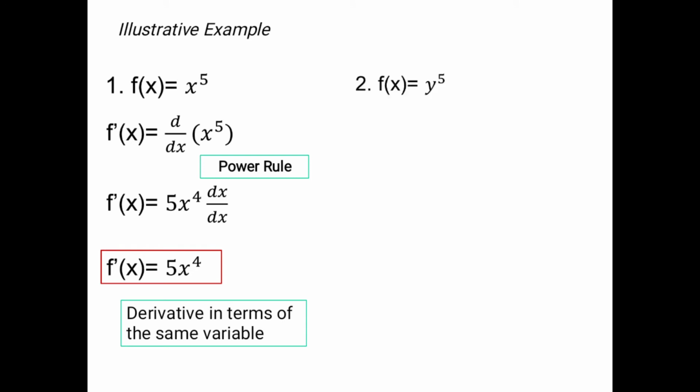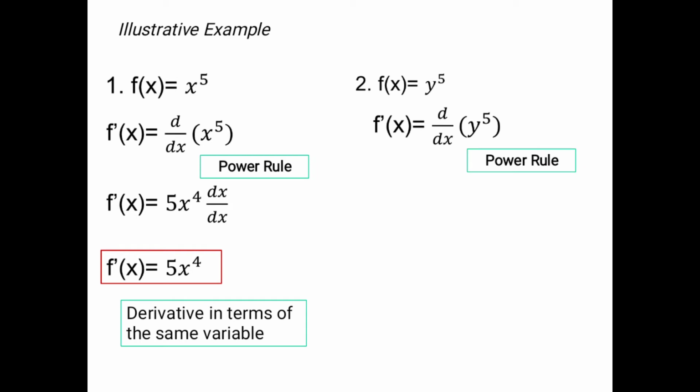So let's take a look at the second example. Say we have the given f of x is equal to y to the 5th power. In order to get that, just like what we did in the first example, we use the power rule.